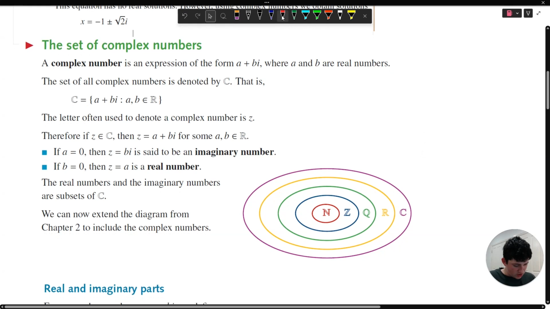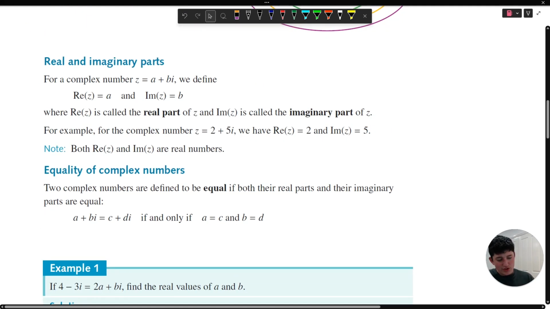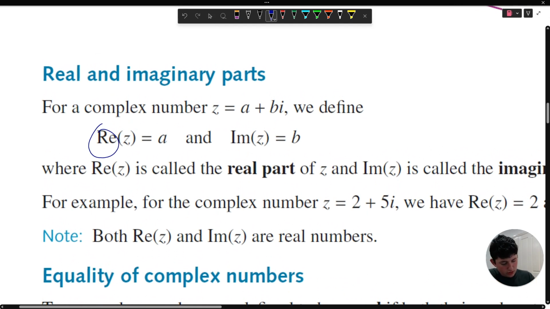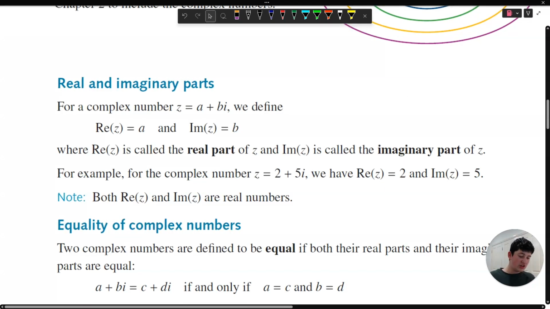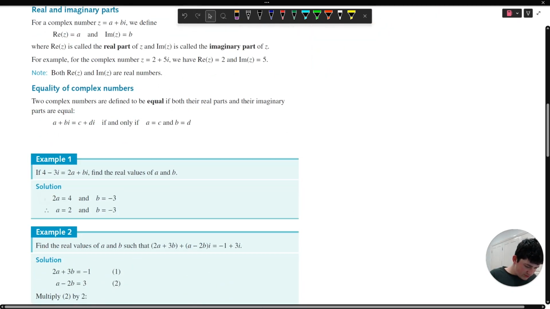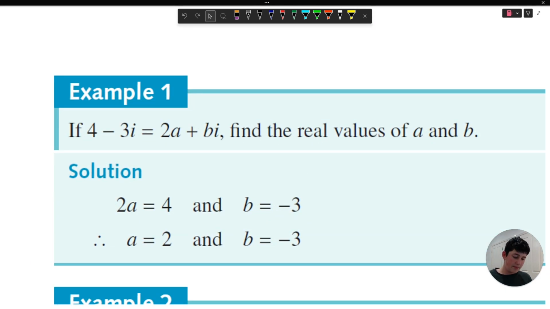So complex numbers are a set of numbers. In complex numbers, there is the real and imaginary part, and we can plot this on an Argand diagram. Argand diagram we can learn later. But the main thing you need to know is we deal with the real parts and the imaginary parts separately. For example, 4 minus 3i equals 2a plus bi. 2a equals 4.